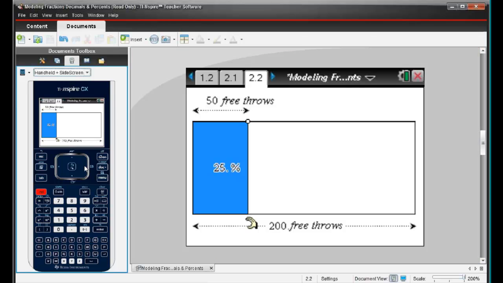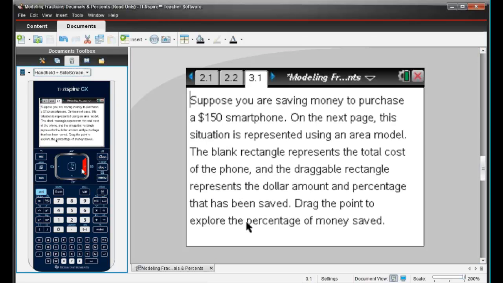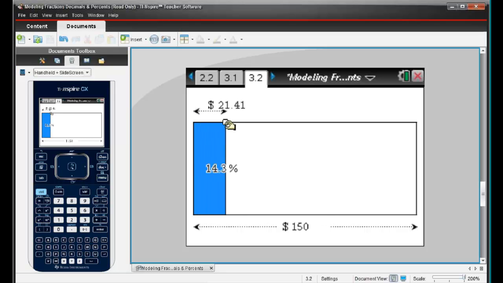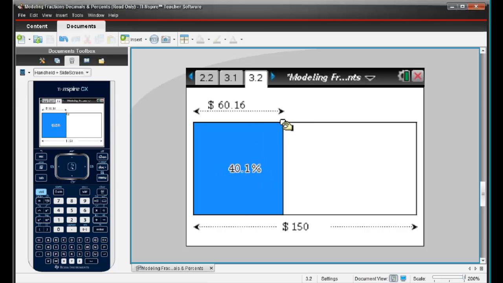Now if we advance to the next page, we've got a situation now where we're dealing with $150. And this is a little bit different because now students have to move away from that doubling model. And they'll start to see some decimals here. And I would ask students first to move this to about 50%.